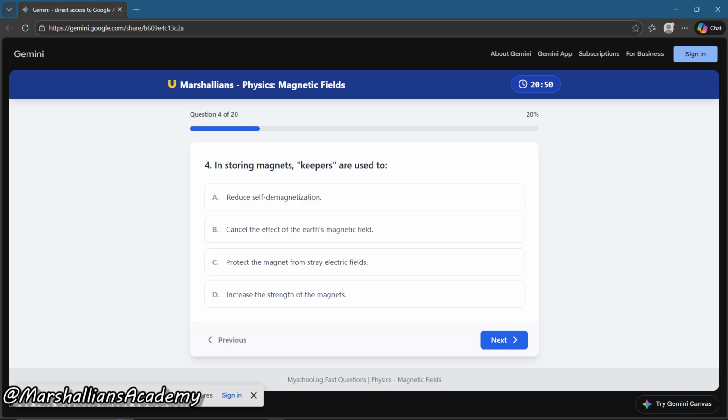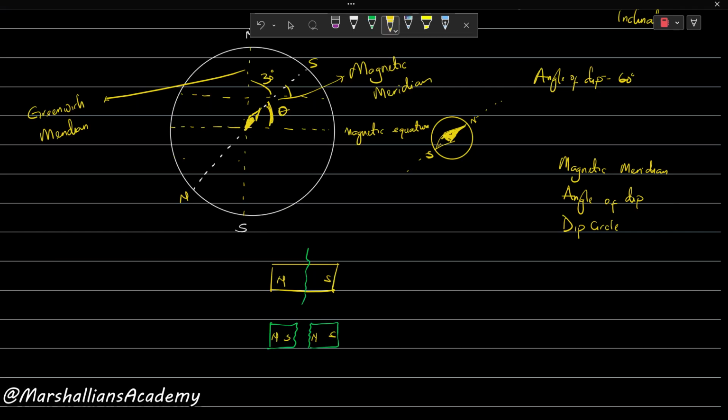And the next question: in storing magnets, keepers are used to do what? Keepers are ferromagnetic materials. When we say something is ferromagnetic, go and watch our previous classes on magnetism. I think the first class talked about types of magnetic materials: ferromagnetic, paramagnetic, and diamagnetic materials. So remember what ferromagnetic materials are. If you don't remember, you can watch the video again.